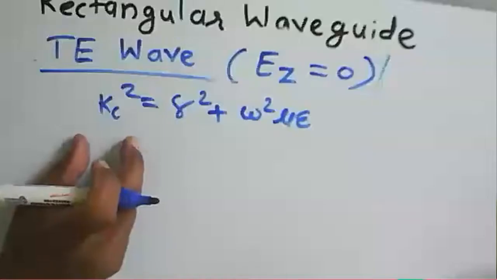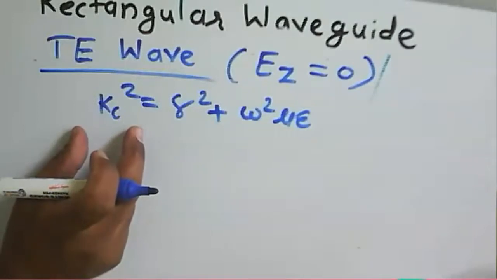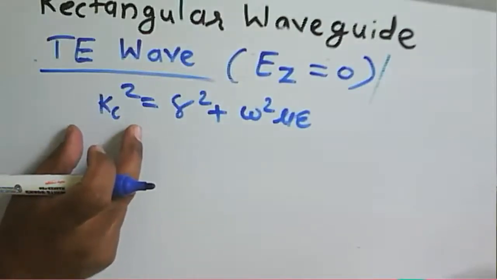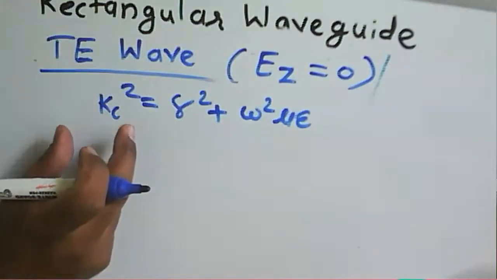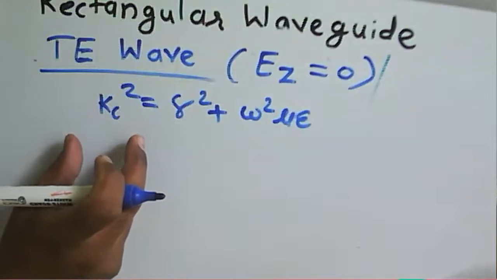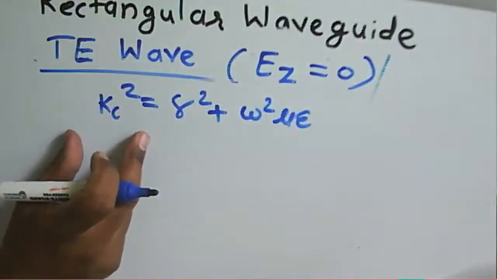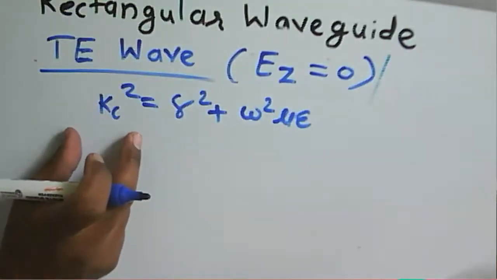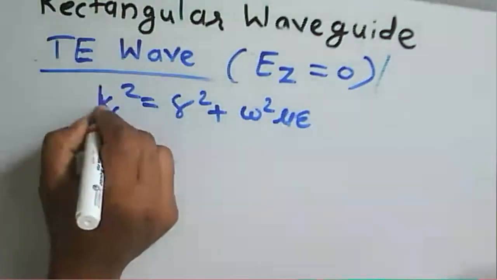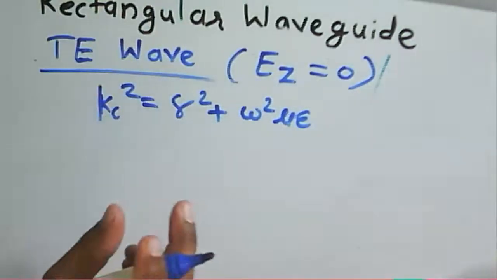Now this gamma and this kc, if you see, kc is nothing but a component that will provide you the cutoff frequency, or we can say a cutoff number for this rectangular waveguide.